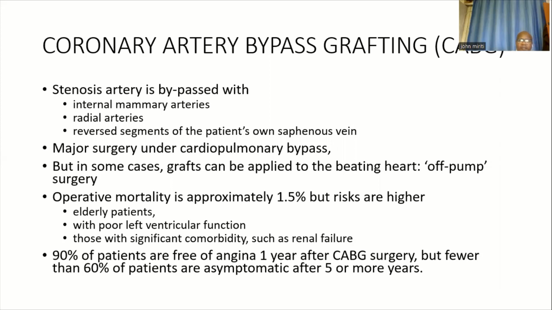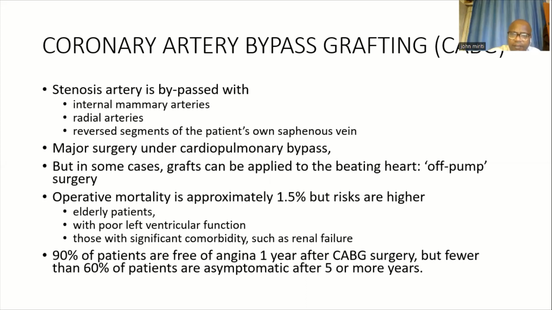So operative mortality is approximately 1.5%, but risks are higher in elderly patients with poor left ventricular function and patients with significant comorbidities, such as renal failure. So 90% of patients are free of angina in the first year after coronary artery bypass grafting.